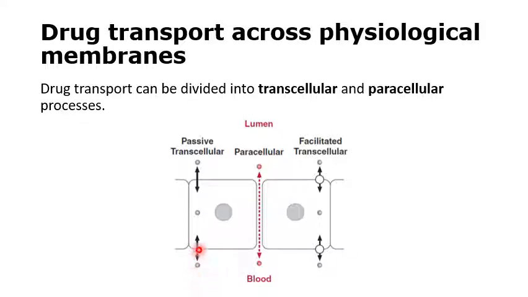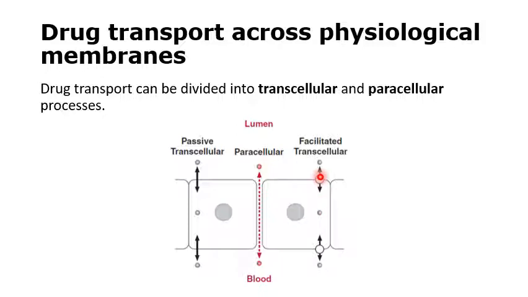And as you might remember, the diffusion through the cell membrane requires some physical chemical properties. Most important is how lipophilic is the drug to be able to pass through the membrane. For facilitated transport, it is a protein carrier mediated process by which the drug should bind to a specific protein on the cell membrane to be transported across the cell membrane.